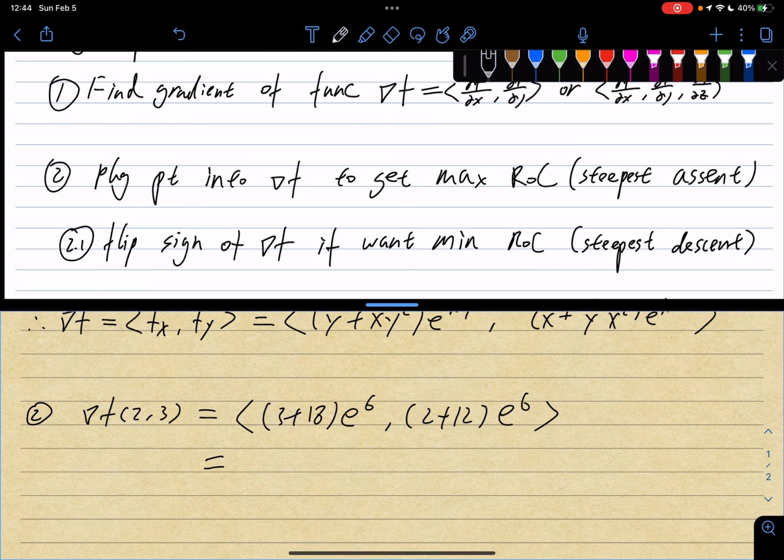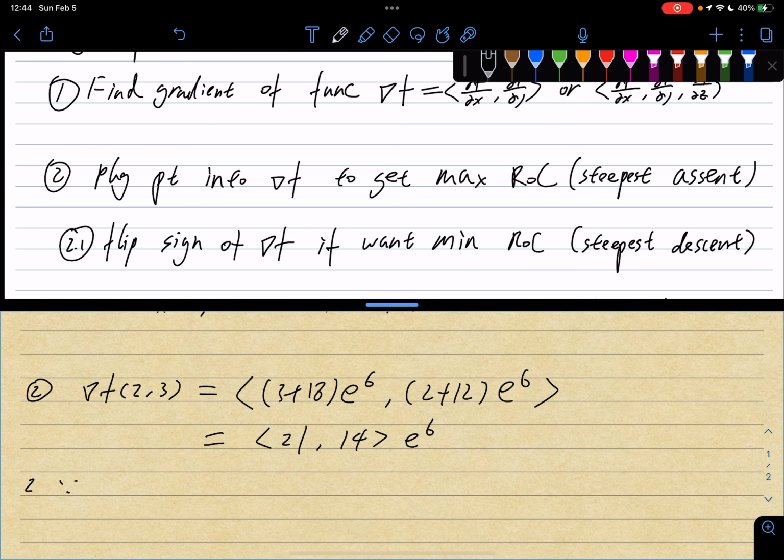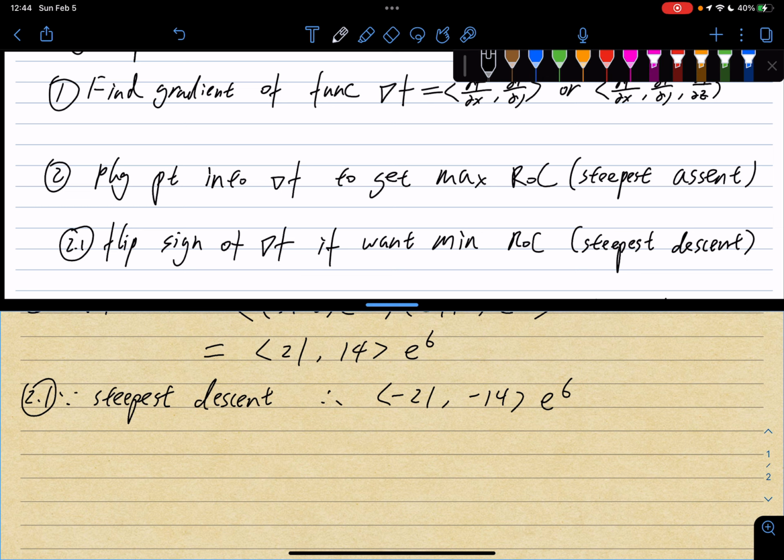This will equal (21, 14) e^6. And that's 2.1, since it's steepest descent, therefore it's (-21, -14) e^6.